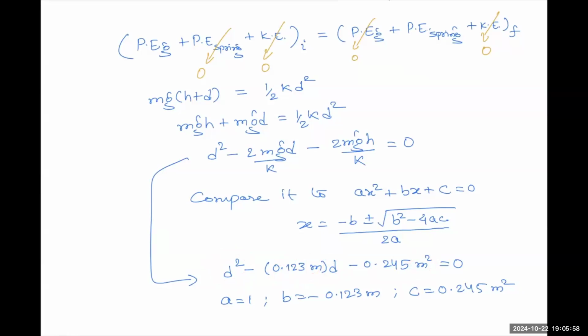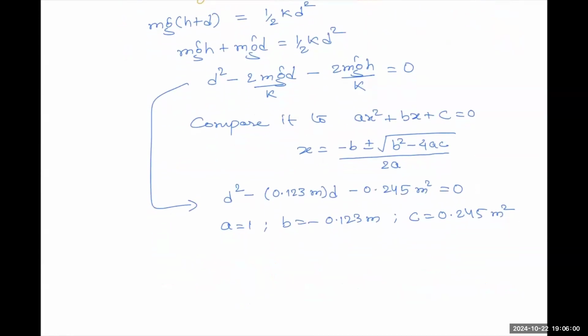Now when you solve this quadratic equation, what I'm going to get, my d would be, minus minus, plus 0.123 plus or minus the square root of b squared, I will not worry about the negative sign because it's already squared.